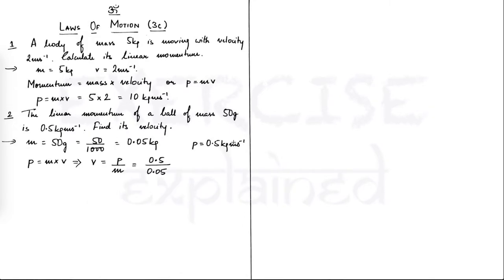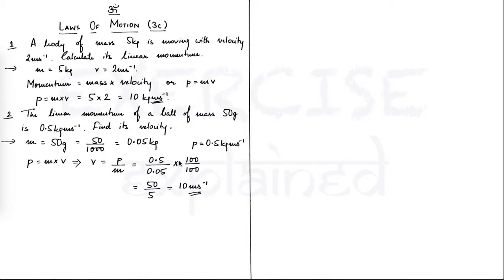So I would be substituting them in the formula P is equal to m into v. From this formula, v is equal to p by m goes to the other side and we get p by m. Now p is 0.5 and m is 0.05 as we converted it here.